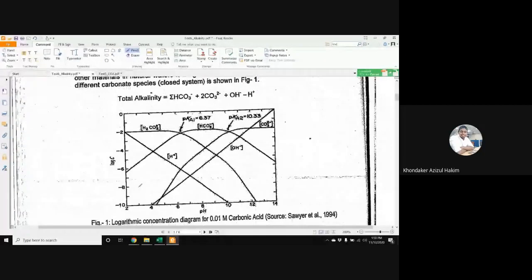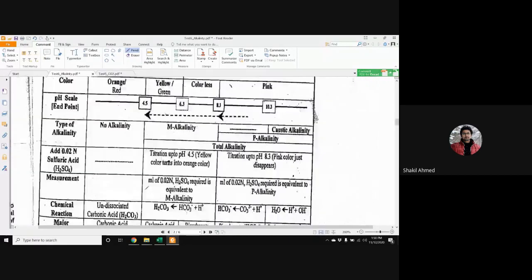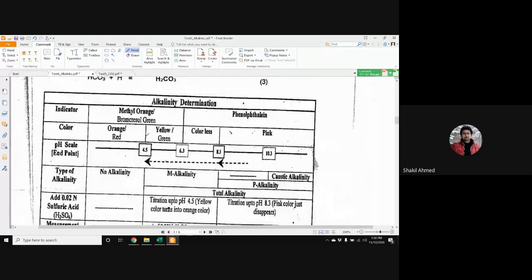Now we know that with the variation of pH, there might be different types of alkalinity. For example, when we have a pH less than 4.5, H2CO3 is undissociated.